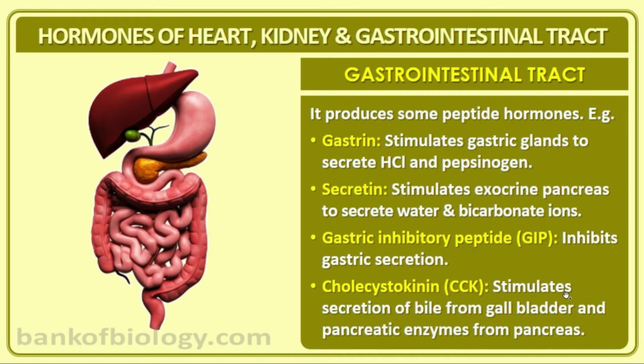Cholecystokinin stimulates secretion of bile from the gallbladder. Where is the gallbladder? See, here it is. In the liver, there is the gallbladder which stores bile juice. Already we are studying this in 10th standard, the digestive system. So, cholecystokinin stimulates secretion of bile from the gallbladder and pancreatic enzymes from the pancreas.